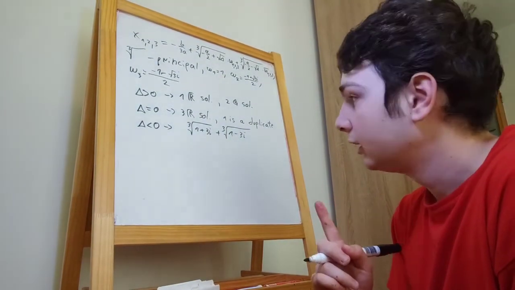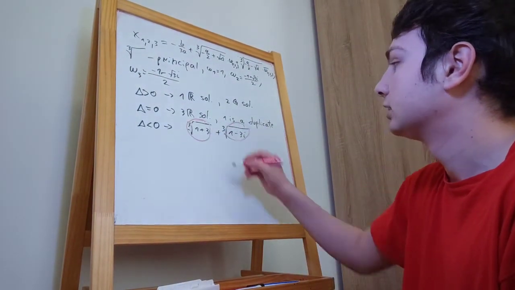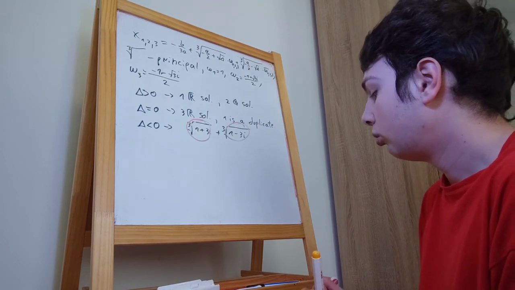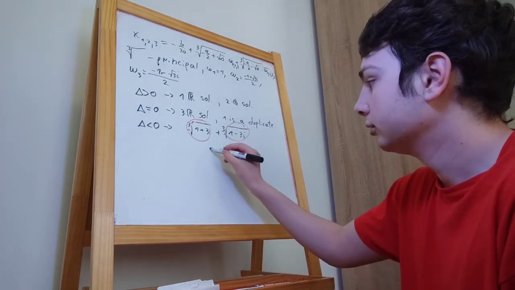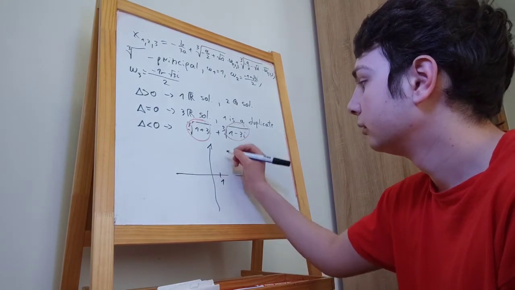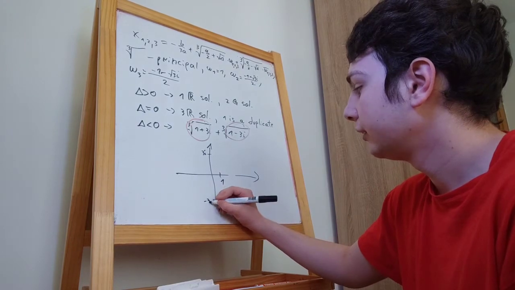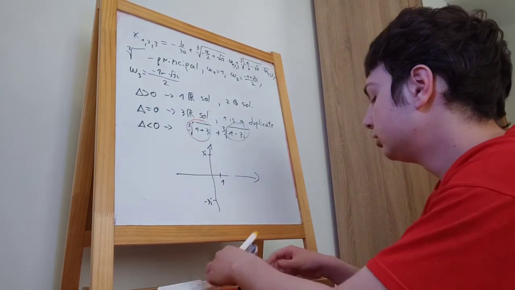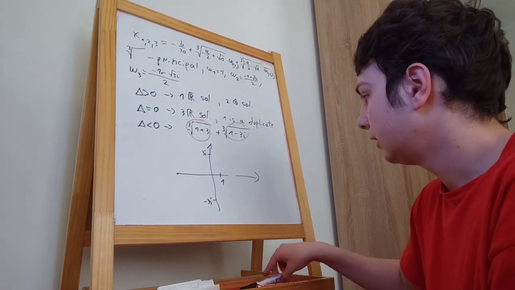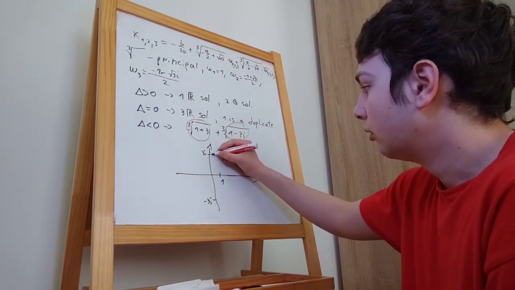But notice these are complex conjugate numbers, and I'll just draw this out for you. 1, 3i, minus 3i. I draw them with, let's say, what color? That would be, let's say, a red.